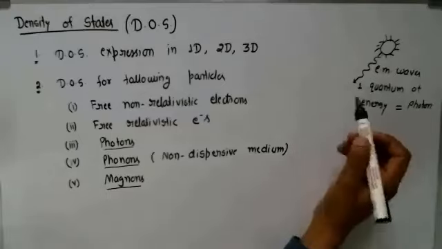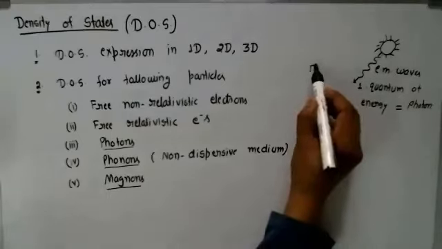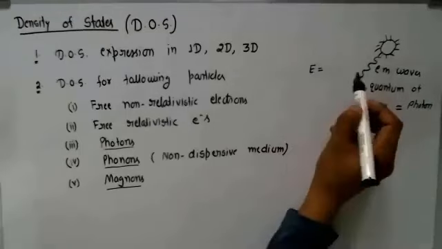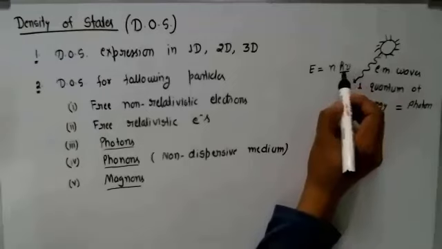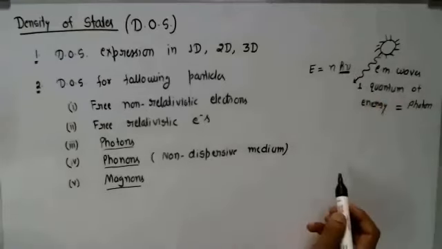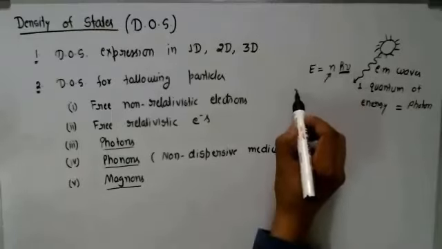This EM wave is made of a large number of photons, and generally when you write down the energy of such waves, you write n times h nu. So this h nu here is the energy of one photon, and this n is the number of photons.